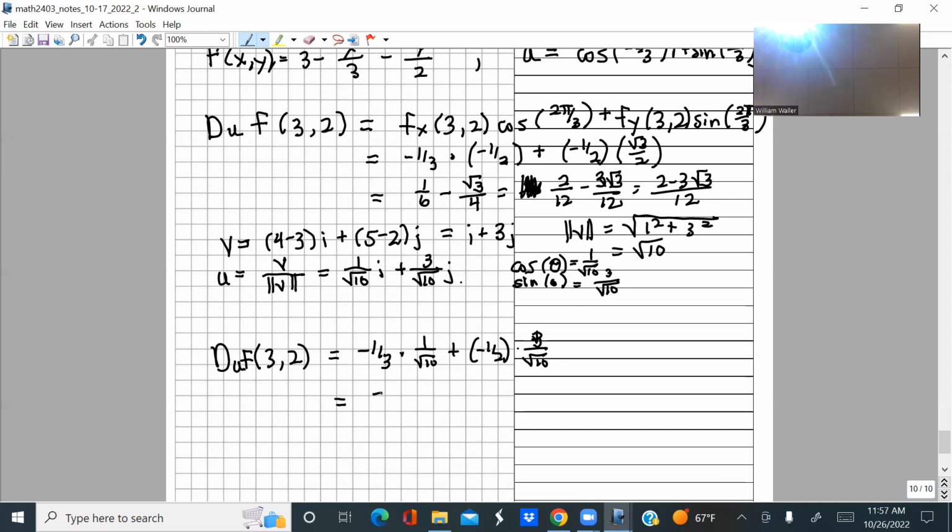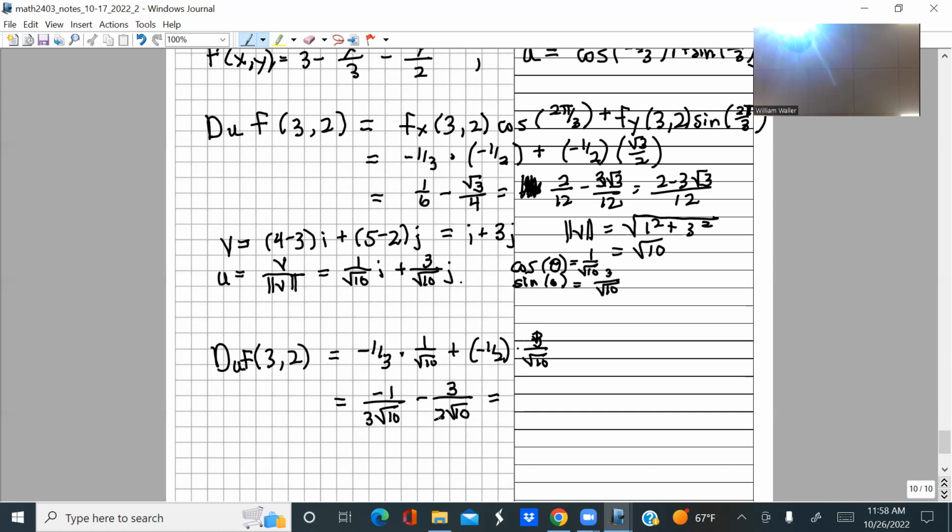So this looks like minus 1 over 3 square roots of 10, minus 3 over 2 square roots of 10. Oh my word. Okay. And now I don't want to add those two fractions together. Well, but let's not be lazy. So what common denominator can we use here? 6 times the square root of 10.